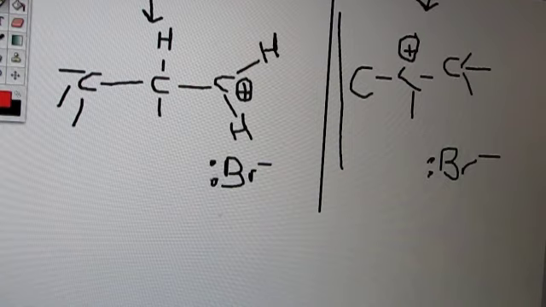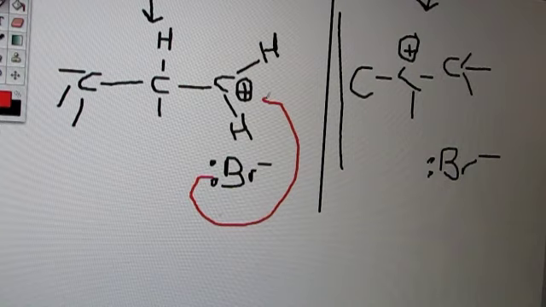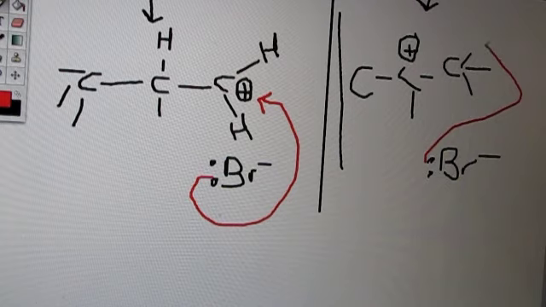So both of the electrons move to form this bond here, which is what we saw in the other video. And it's the same with this, except this goes to, sorry, it's a bit wonky, to here.